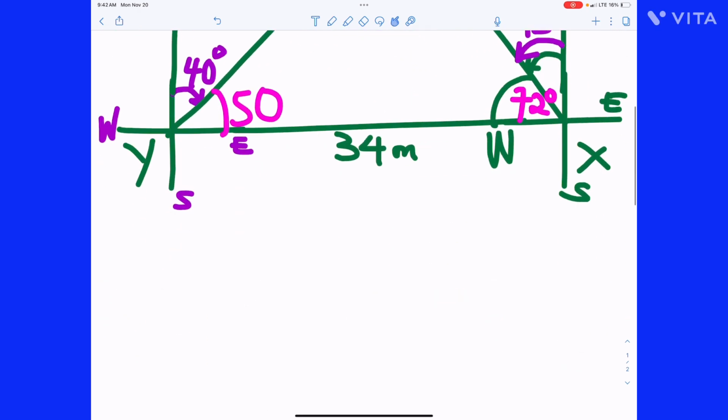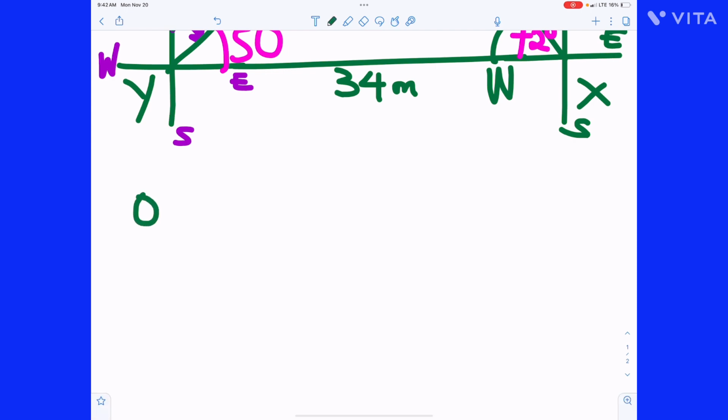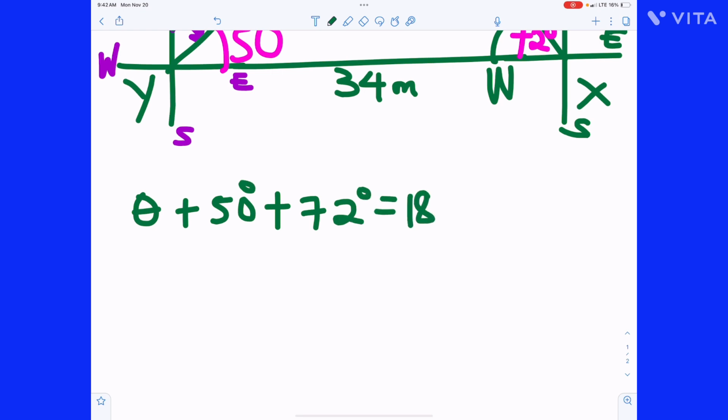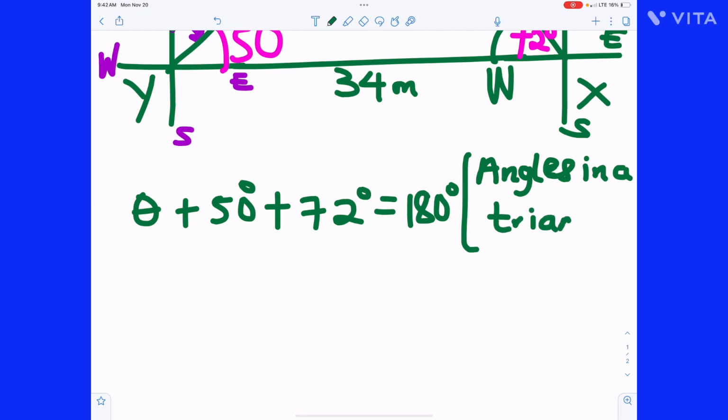I can easily get theta if I say theta plus 50 plus 72 is equal to 180 degrees, sum of angles in a triangle.